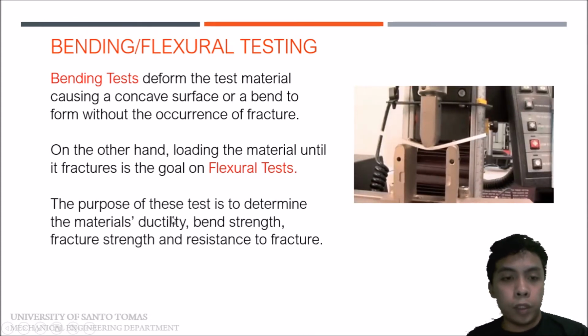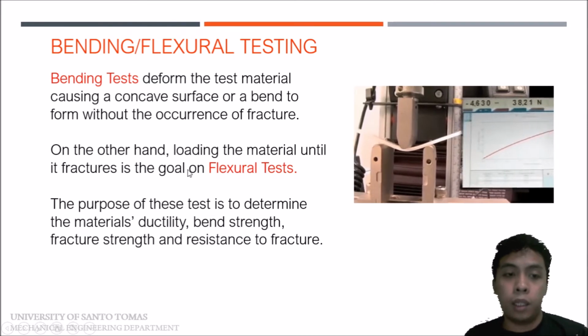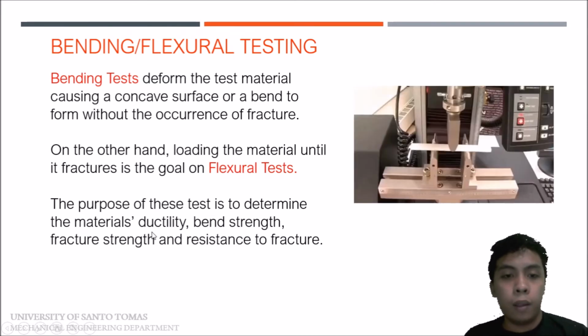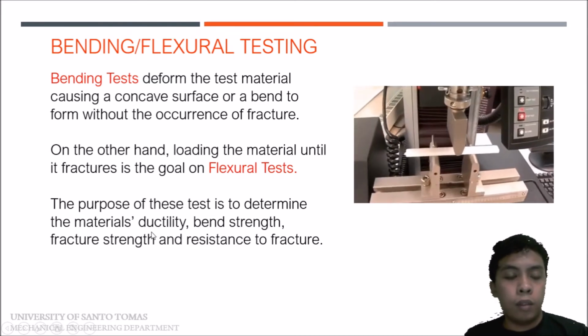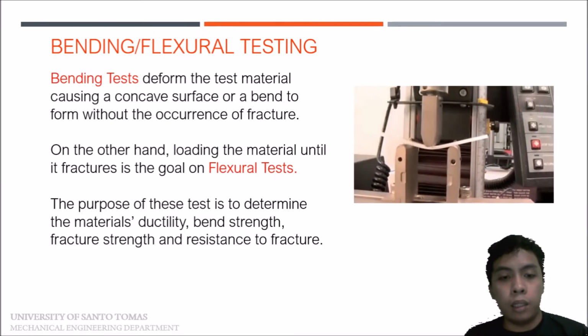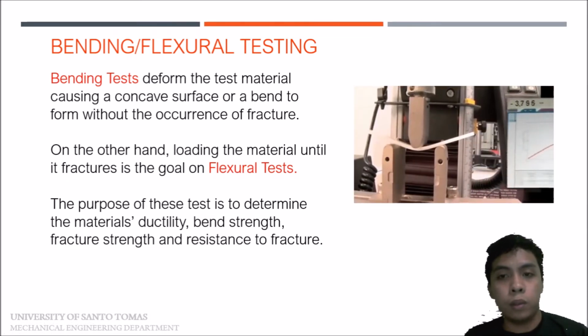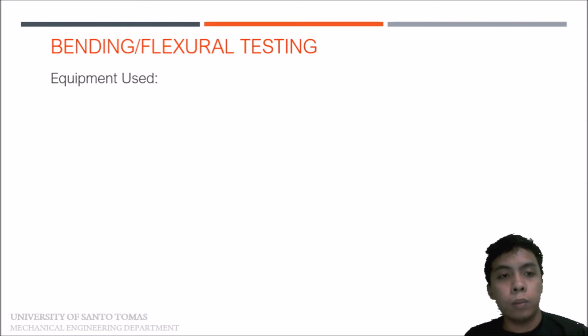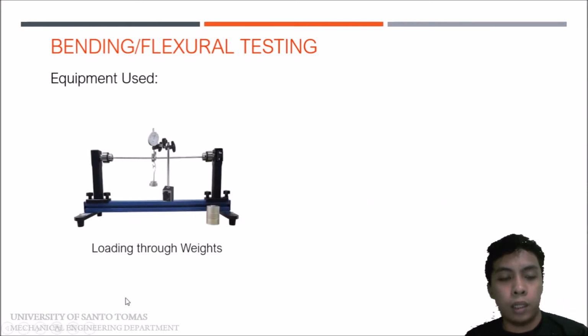So the purpose of this test is to determine the material's ductility, bend strength, fracture strength, and resistance to fracture. So usual equipment na ginagamit dito is this. Simple setup lang. Meron kang dalawang chuck dito that holds the piece metal.